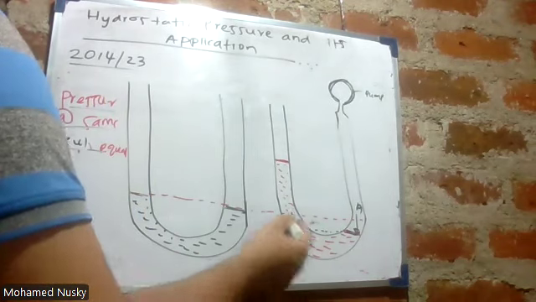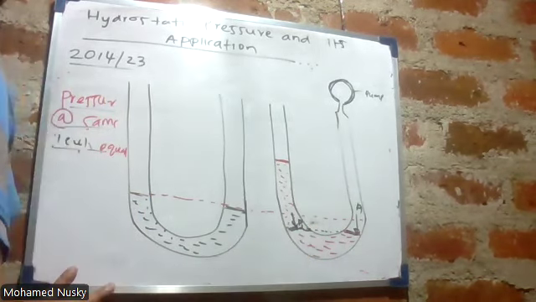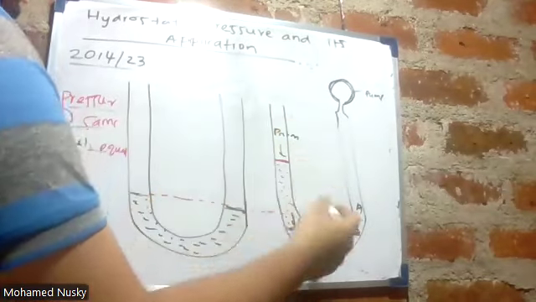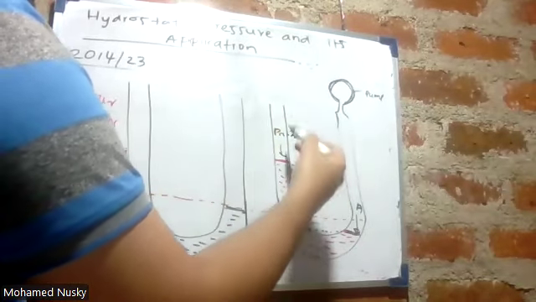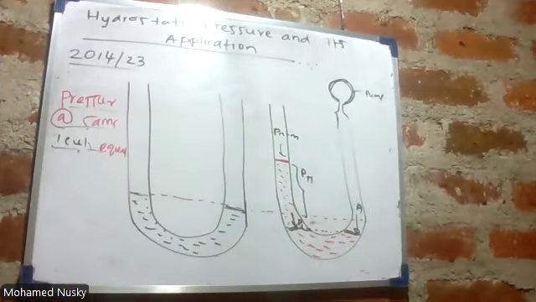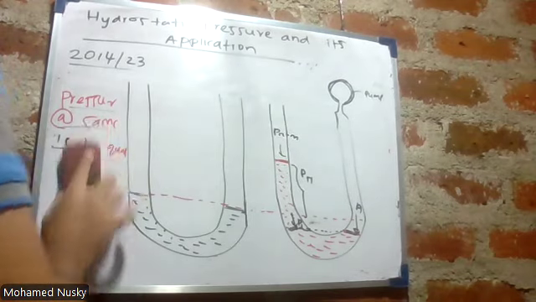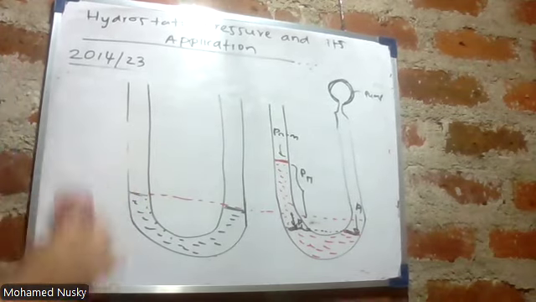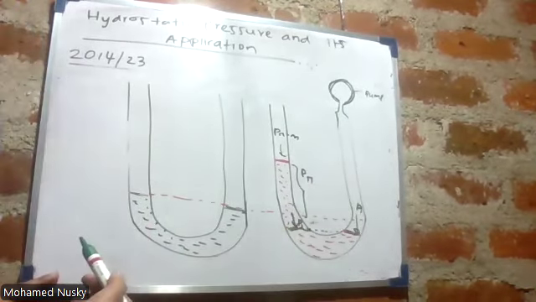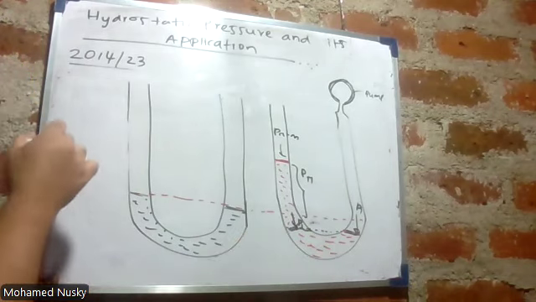You know, what is this P1 pressure? The pressure due to atmosphere and the pressure due to the hydrostatic pressure: PATM plus PH. So here, how do we know that this pressure and this pressure are equal? Now, what is this P1?